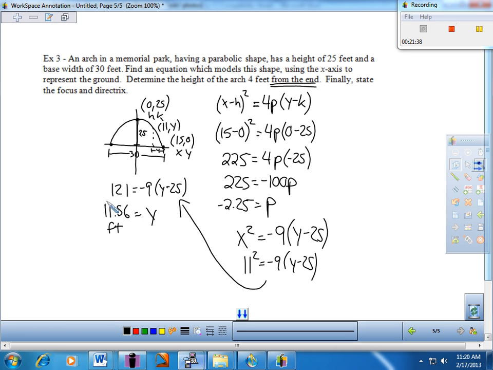All right. Now, if there is that focus and directrix, again, that sort of generates the shape of the parabola there geometrically. Let's see. We already found p, which was -2.25. So are you okay coming down 2.25? And that would be our focus. And then going up 2.25 and having our directrix, something like that.